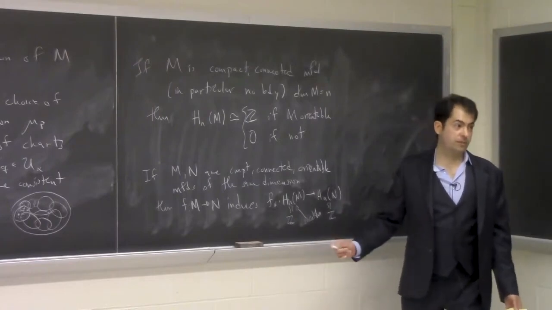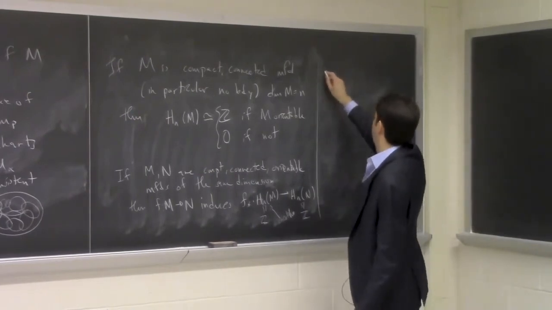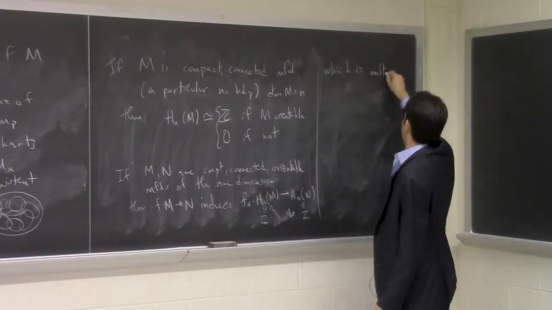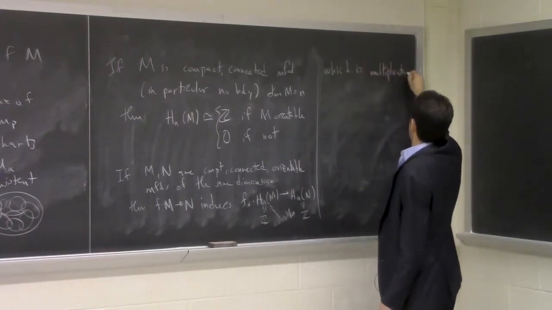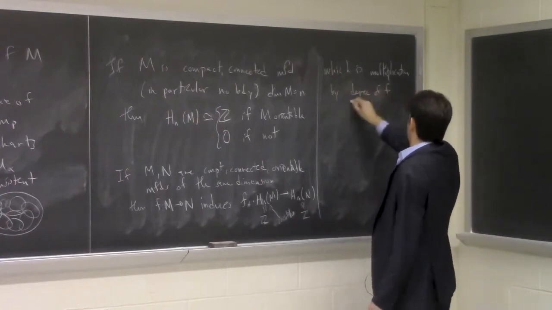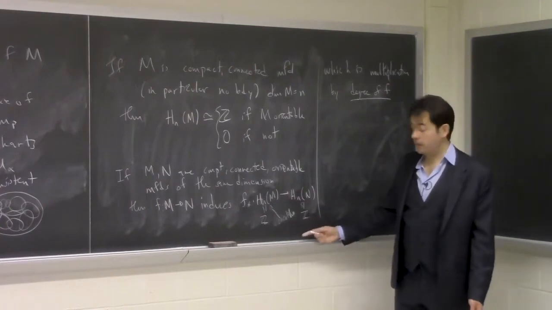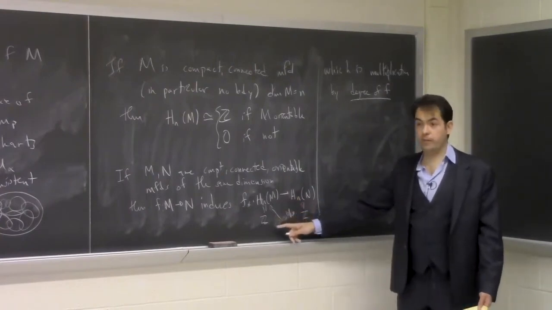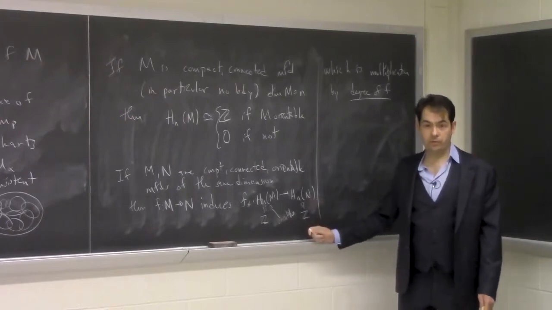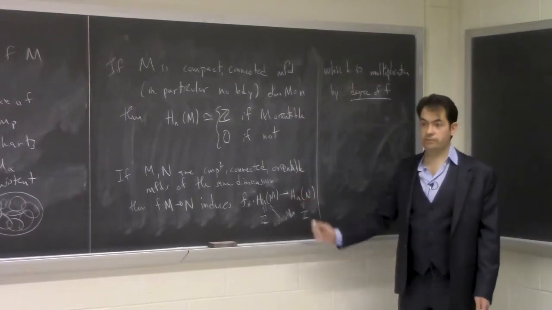We call that the degree. If you were to switch orientations on one manifold, then you would change the sign of the degree. So it's really an invariant of oriented manifolds.